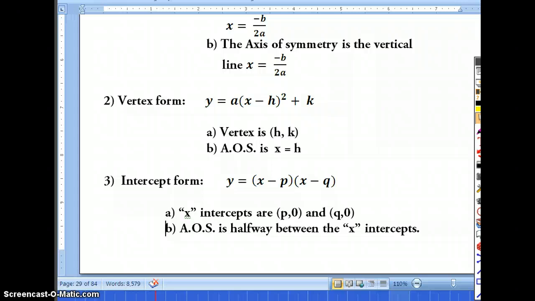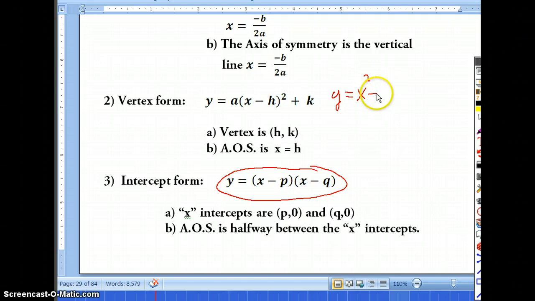And if you look at this form, basically what this is is when you take the parabola in standard form and you factor it. So for example, if I had something written in standard form, y is equal to x squared minus 6x minus 16, that would be the standard form.